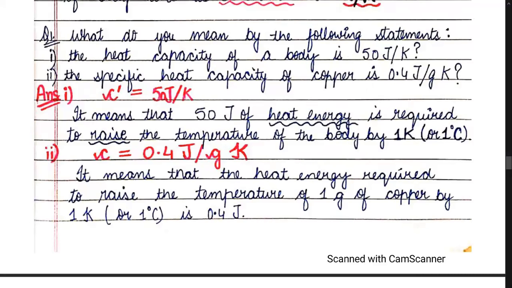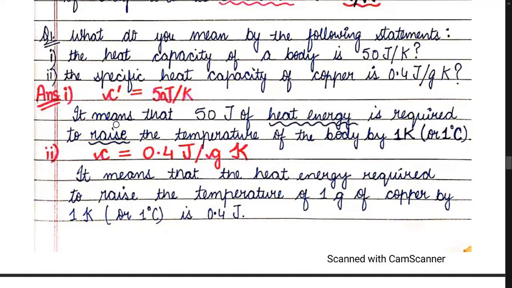So, C dash is equal to 50 joule per Kelvin means that 50 joule of heat energy. Don't write just energy. Which kind of energy? Heat energy is required. Don't write change. It is to raise the temperature of a body by 1 Kelvin.